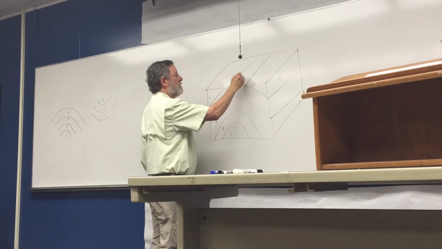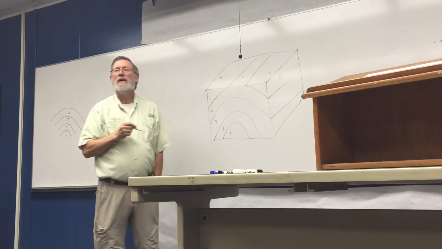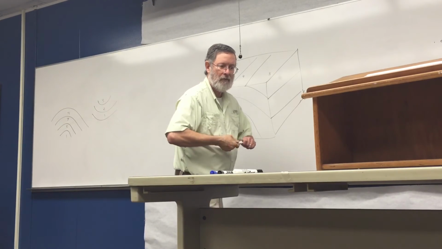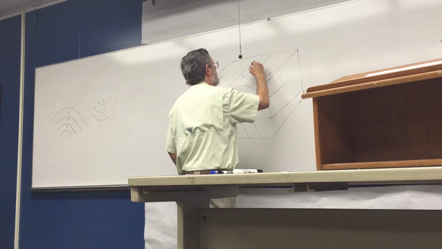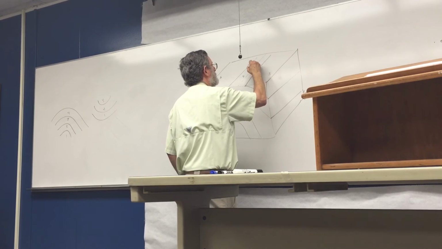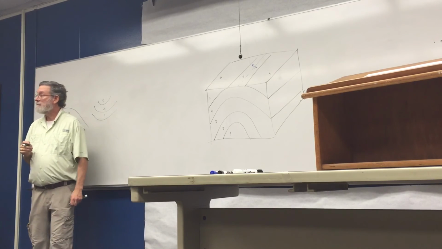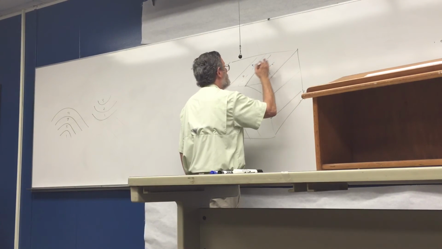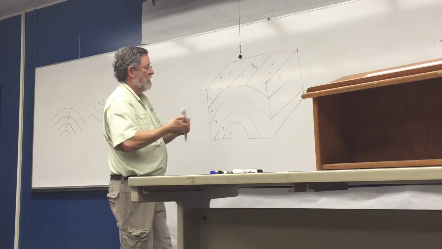If I draw the axis of my fold, I would put it on the map surface. And if I were to put in some strike and dip symbols, I would put them like so.